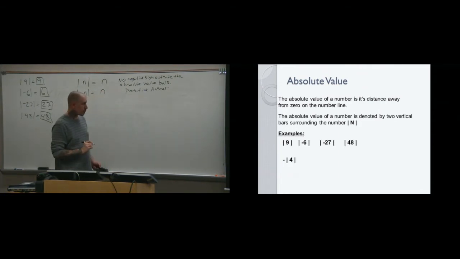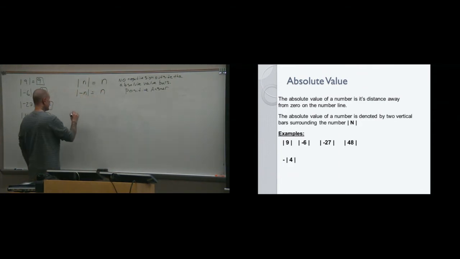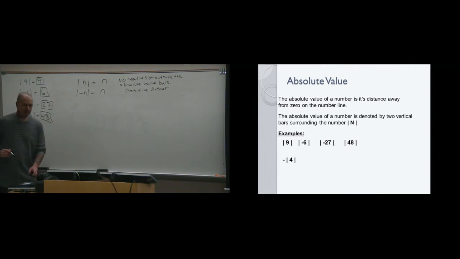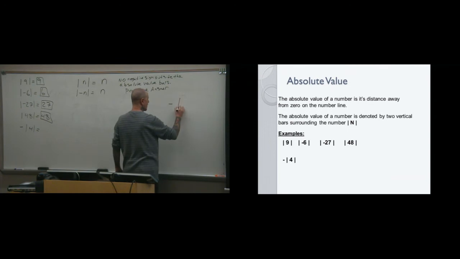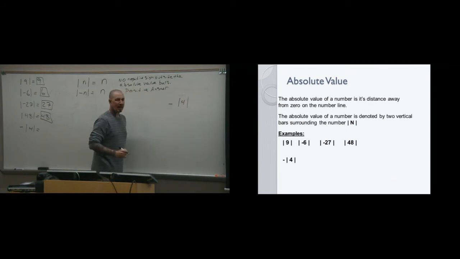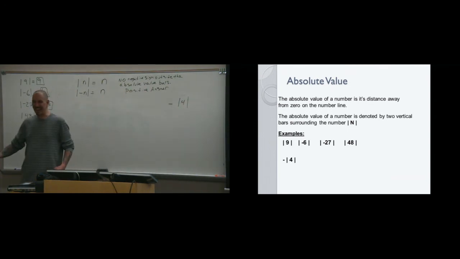Now, when we have a problem like this, the negative absolute value of 4, these problems are a little trickier. When I see the negative sign on the outside like that, what that really means is -1 times the absolute value of 4.